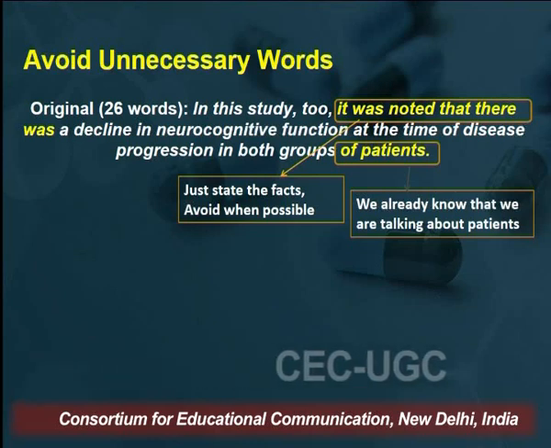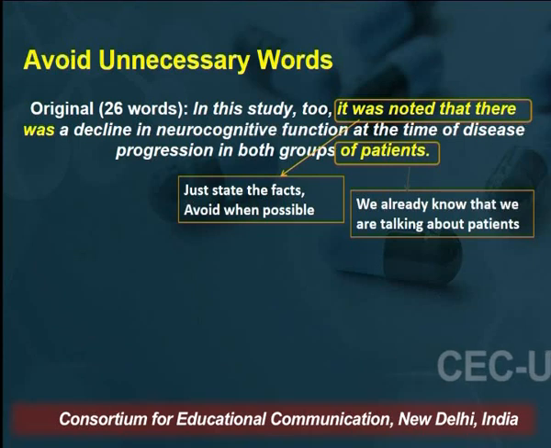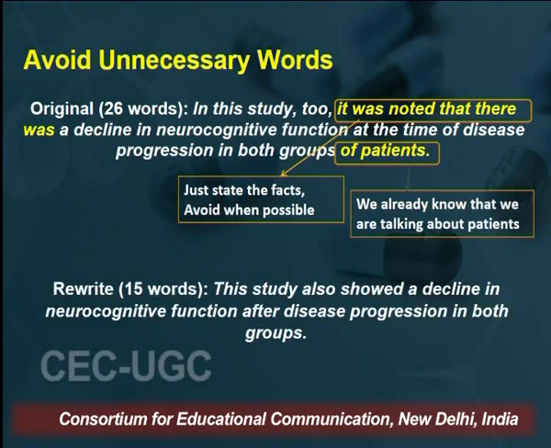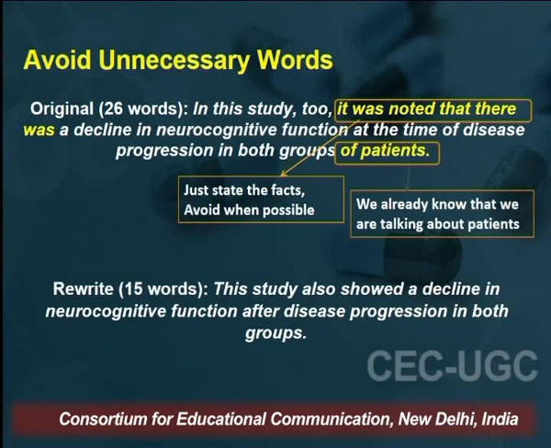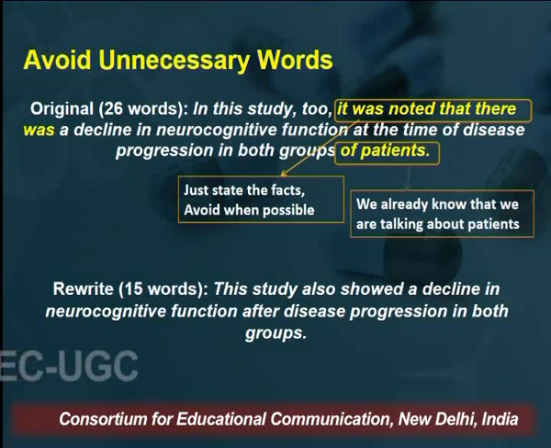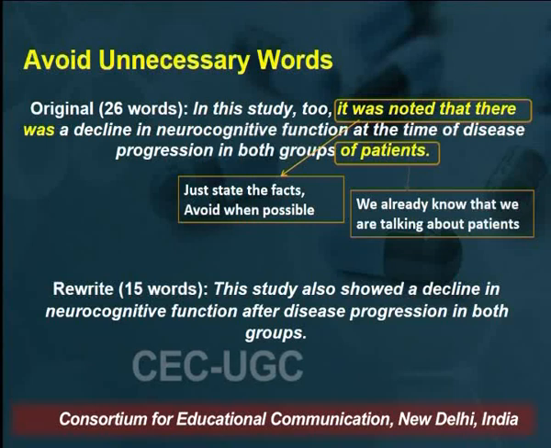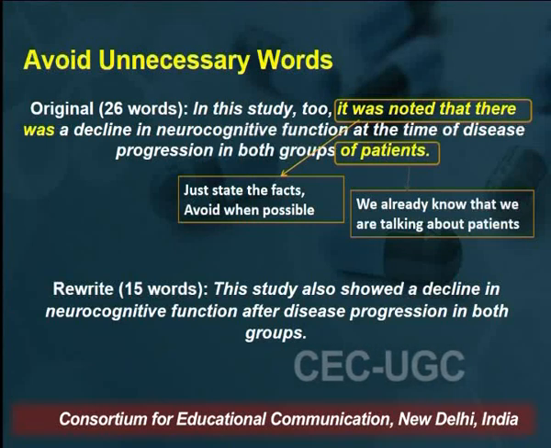Just state the fact, avoid when possible. We already know that we are talking about the patient, so it's just 15 words: "This study also showed us decline in neurocognitive function after disease progression in both the groups." Right? So this is how we can make a difference while writing and selecting the correct words we want to present.